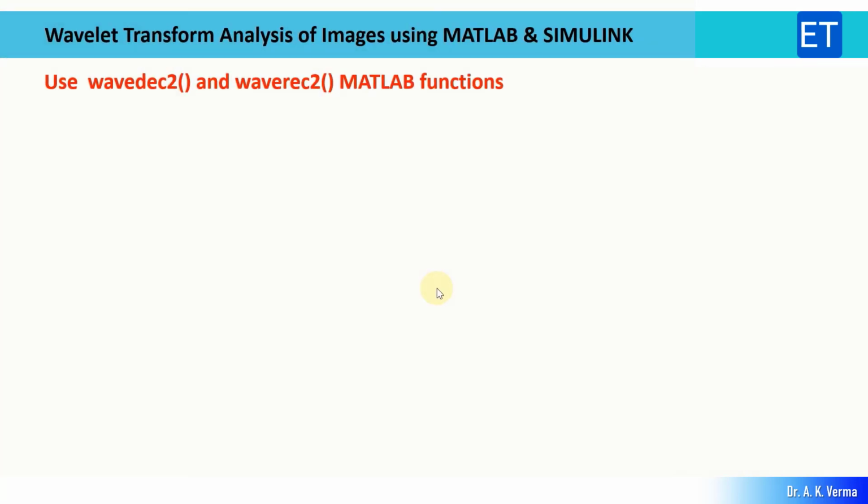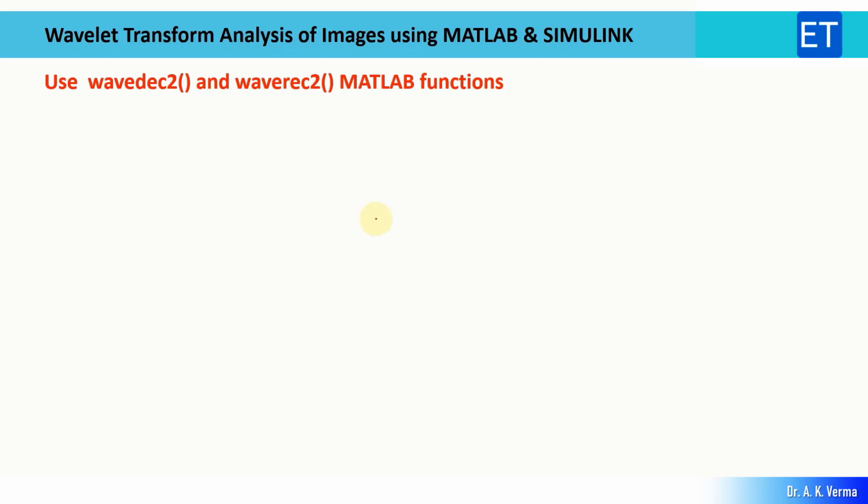Okay, now let's see the other wavelet functions, wavedec2 and waverec2. Actually, these functions are the multi-level decomposition and reconstruction functions. In the previous case, it was only a single level decomposition and reconstruction. Suppose you want to take a 3-level decomposition of a particular image.